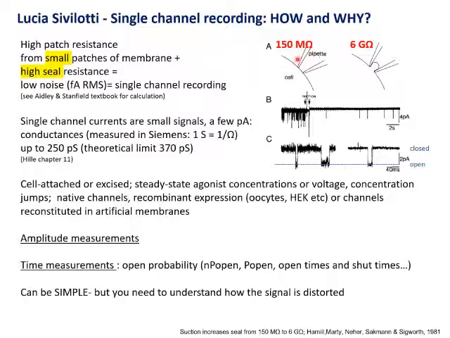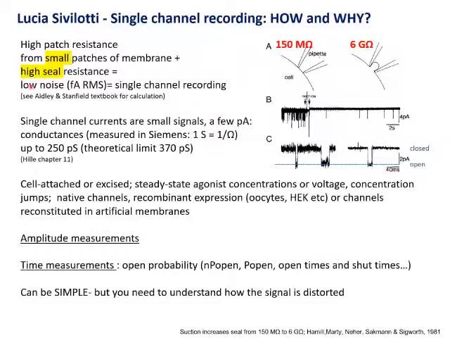This is Hamill, Marty, Neher, Sakmann, and Sigworth. But when the suction is applied and the seal improved to 6 gigaohms, you can see how the record changes. And you can see this better on the bigger display here. You can see how much cleaner, with less noise, the record is after you have established the giga seal.